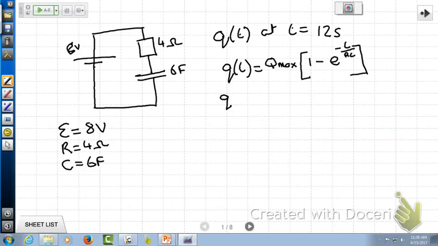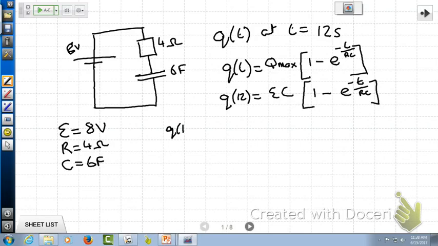So Q at 12 seconds is equal to E times C times 1 minus e to the minus t over RC.